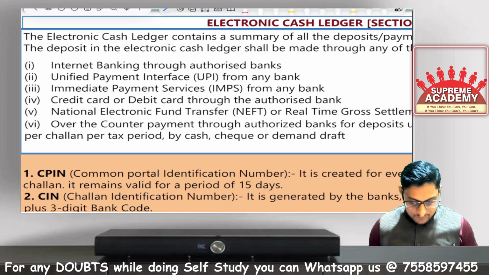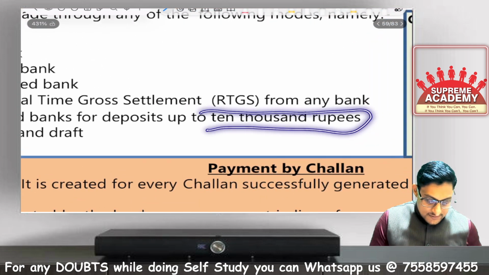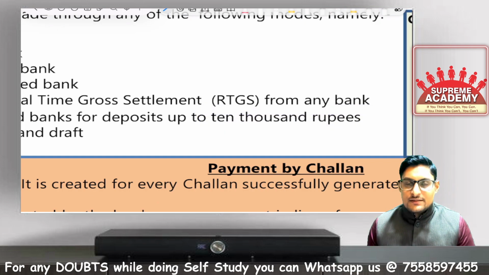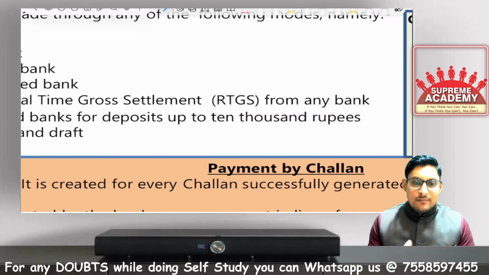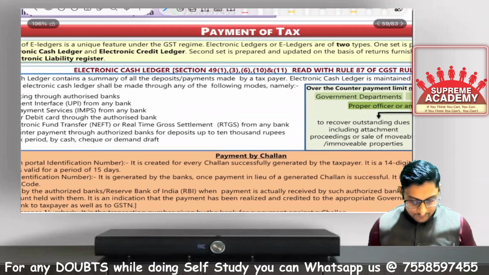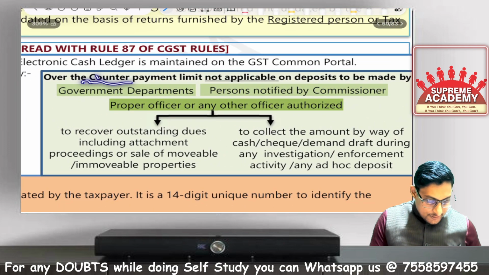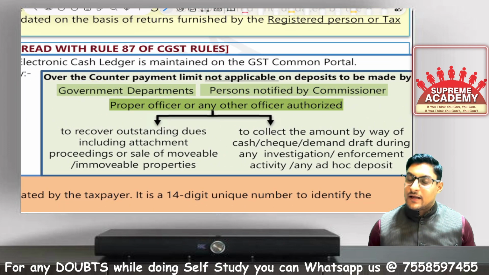If we are using this source, there will be a limit of only 10,000 rupees per tax period. Now, in some cases, this 10,000 rupees limit of over the counter payment does not apply.